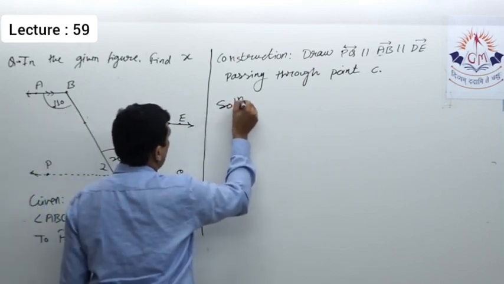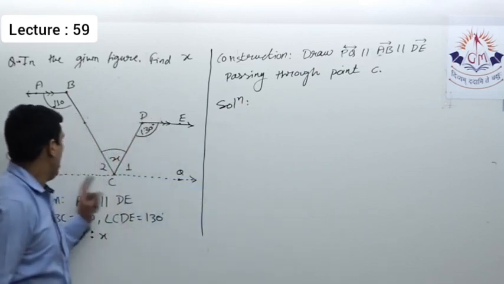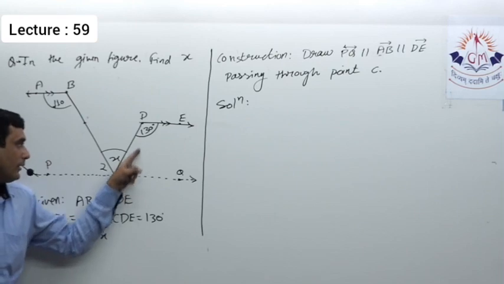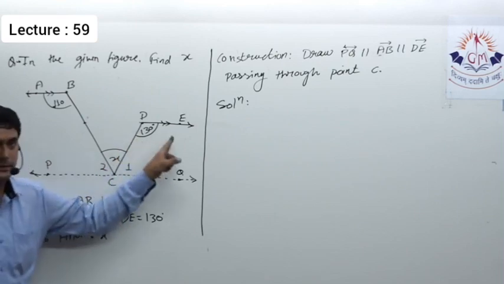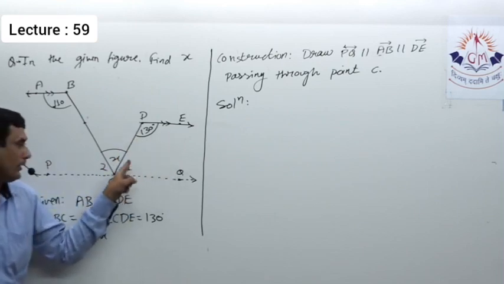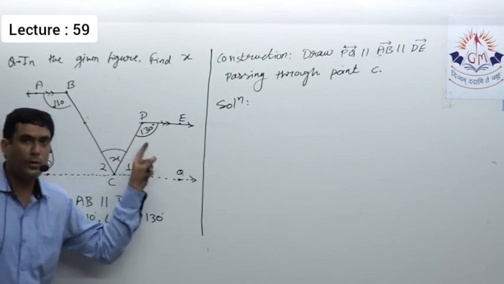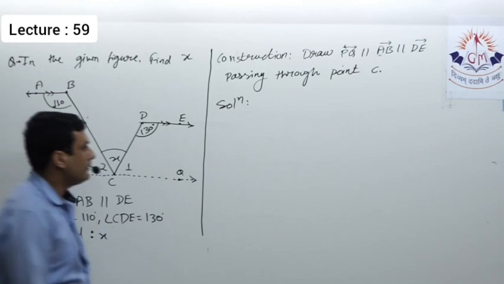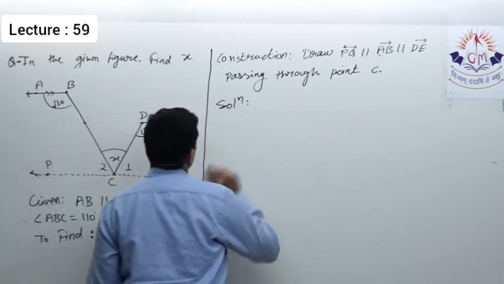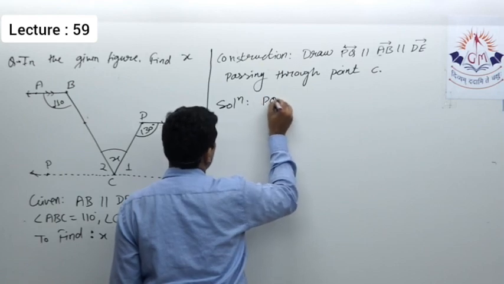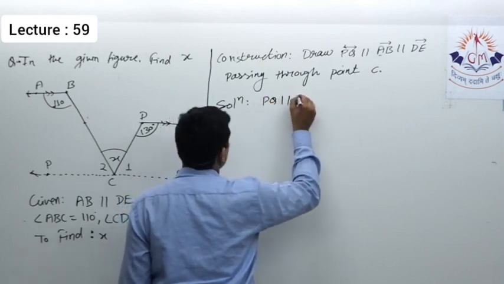Now let us see its solution part. See, as PQ is parallel to DE, I can say angle 1 plus angle CDE equal to 180, because these two angles, 1 and CDE, form a pair of consecutive interior angles on the same side of the transversal.